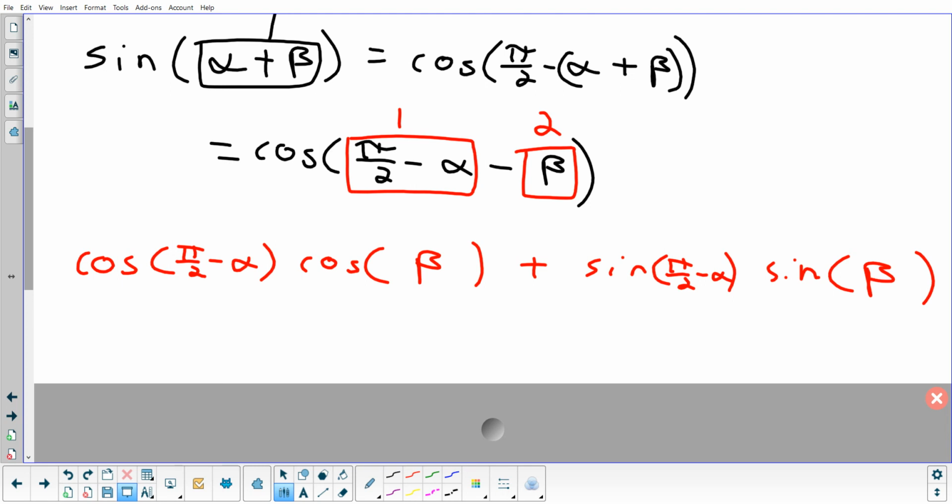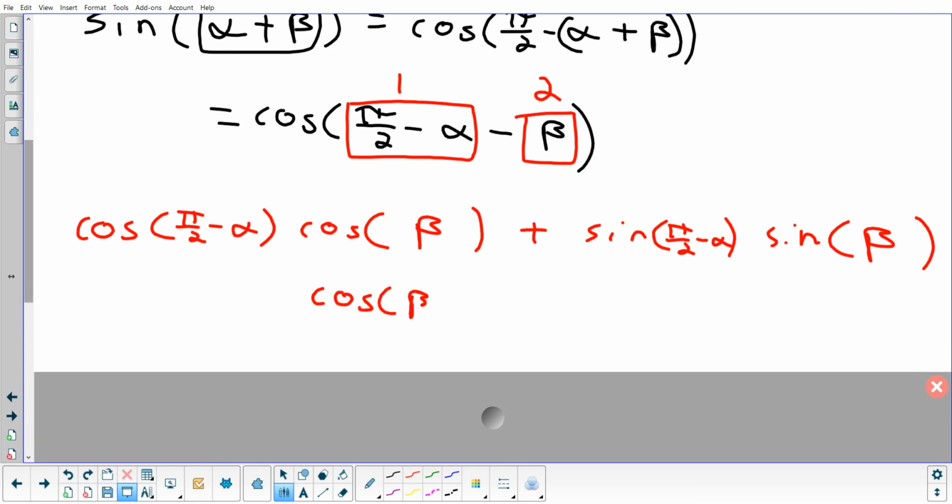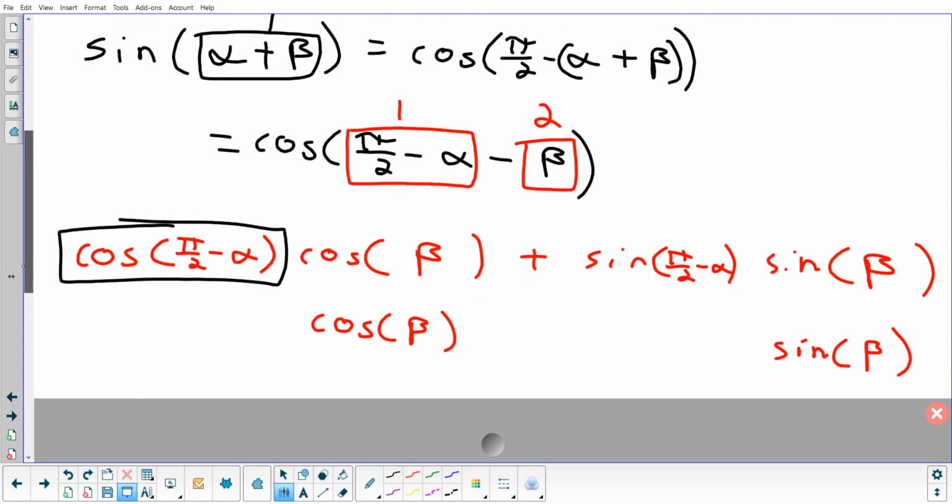And now, let's look at what ends up happening. You can't do much with this. What would you do with that? It's just a single trig function. There's only a single thing in the parentheses. So that won't simplify. Neither will this. But look at this: cosine of pi over 2 minus alpha, or cosine of pi over 2 minus an angle.